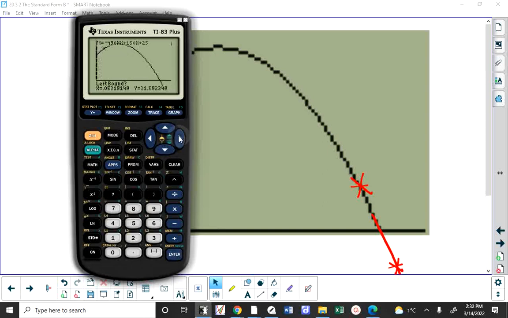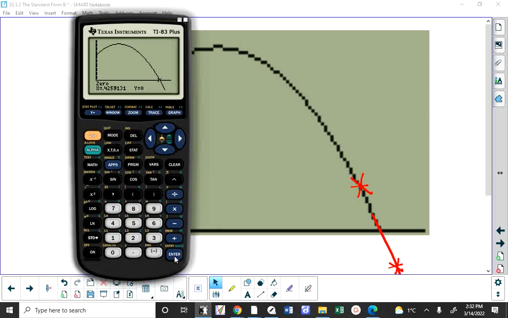Put my cursor to the left. Then put my cursor to the right. Did I go up to 0.5? Was that what I went to in the window setting? I think so. And then hit enter a third time, 0.42 seconds.